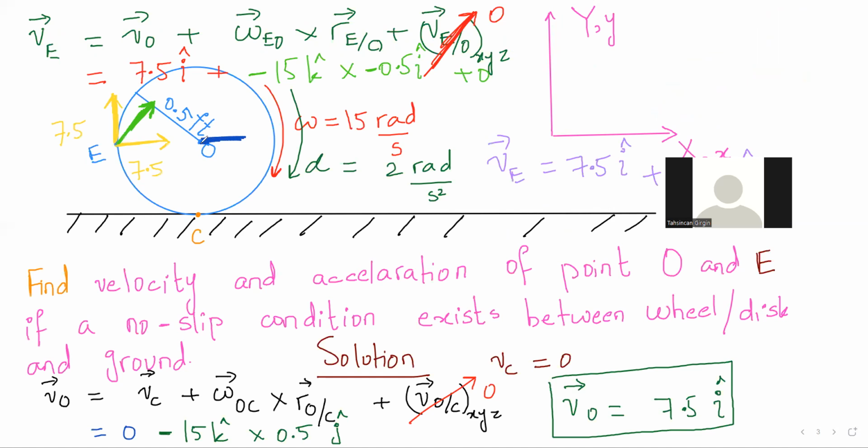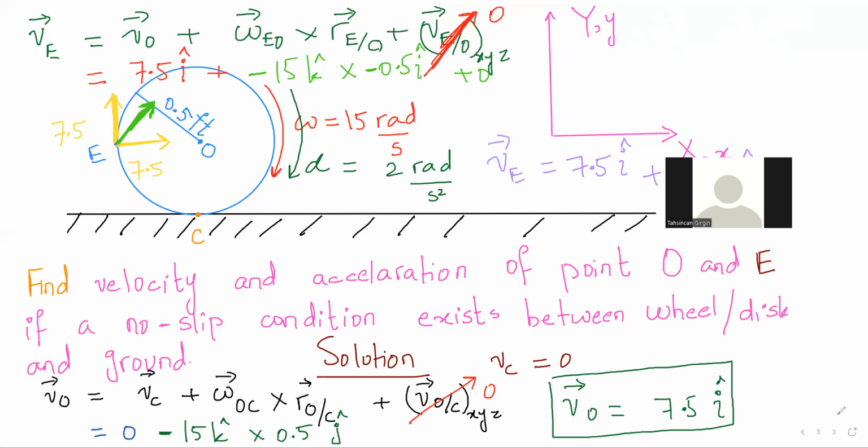Towards the right. There is no curvilinear motion for this point O because it is sitting right at the center of the disk. There is no normal acceleration to this. For this object, it has curvilinear motion, so I won't be surprised if there is a normal component of acceleration.